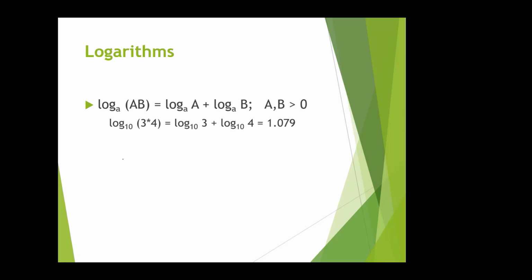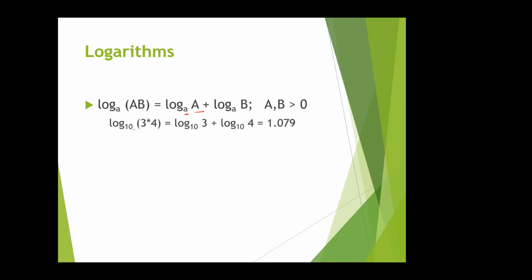Now some rules regarding logarithm. Whenever we have log to the base a of ab, we are going to simplify this as log a plus log b, whenever a and b are greater than 0. They have given one example.